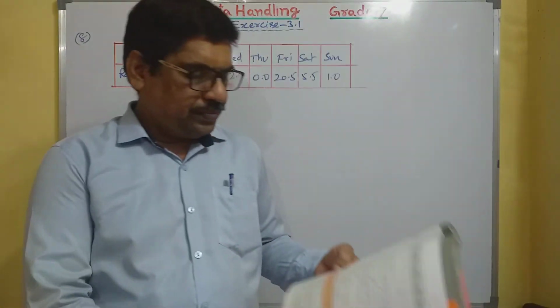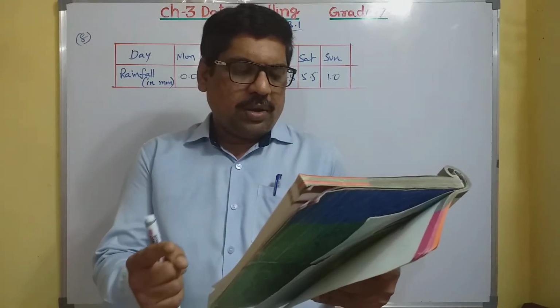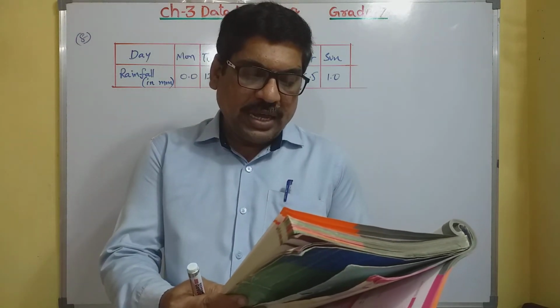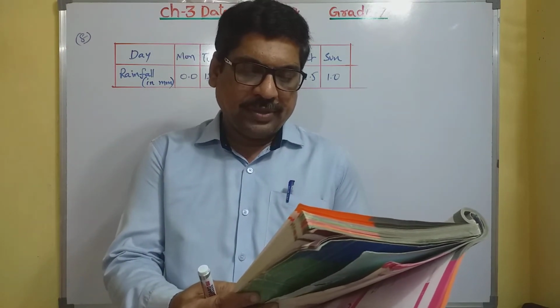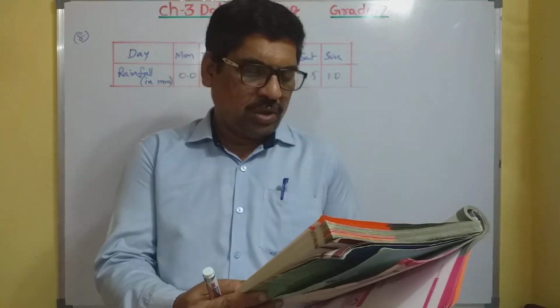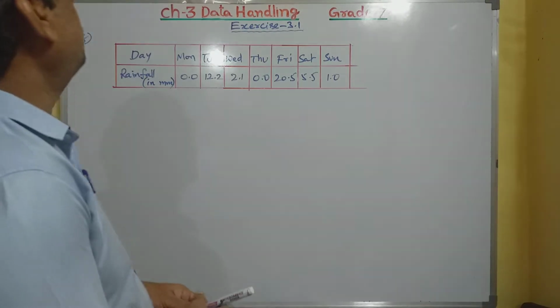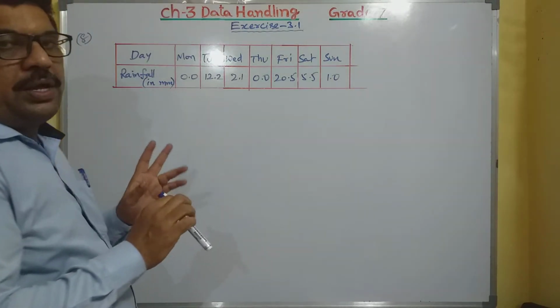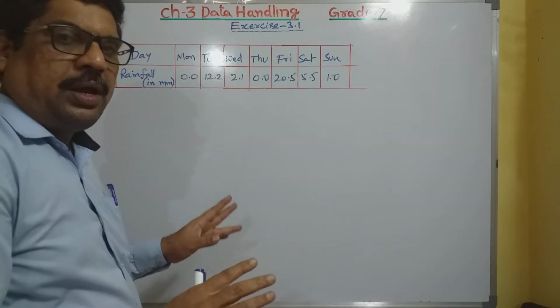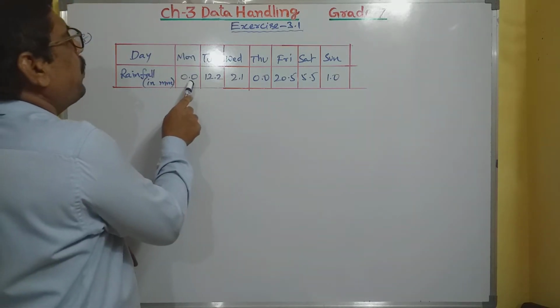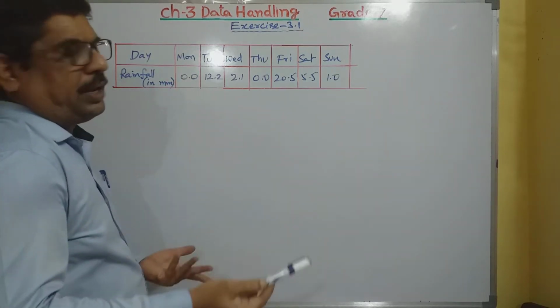Now, the rainfall in millimeters in a city on 7 days of a certain week was recorded as follows. Here I have given the table on the board. Look at this. Here is the rainfall in a city, for example, in Hyderabad. Monday 0.0 means there is no rain.